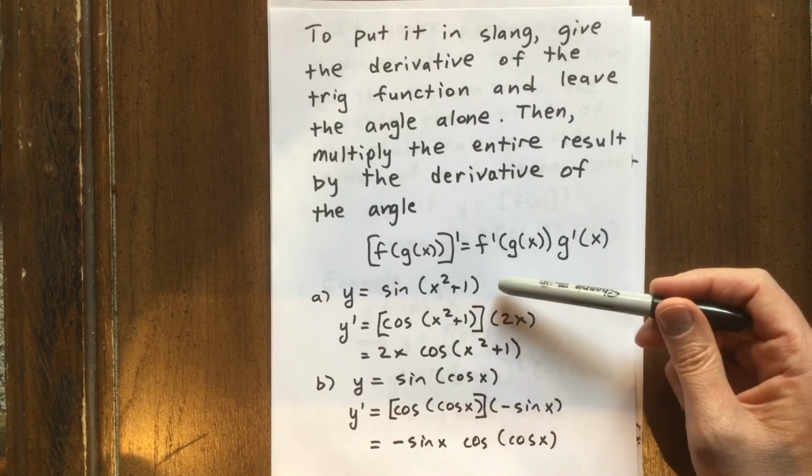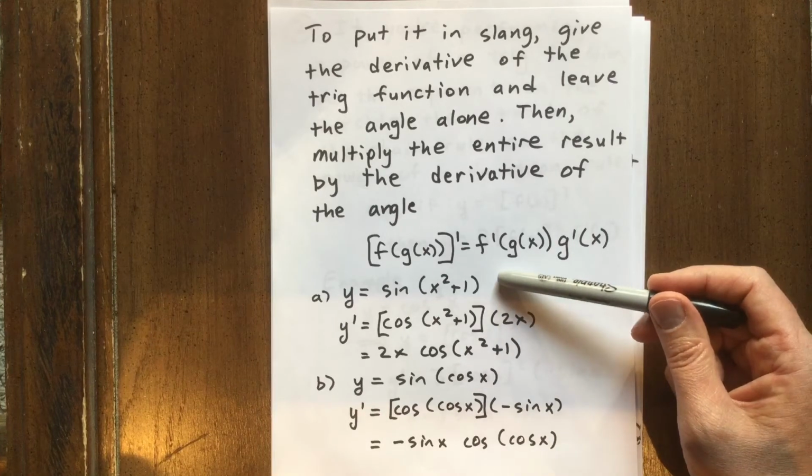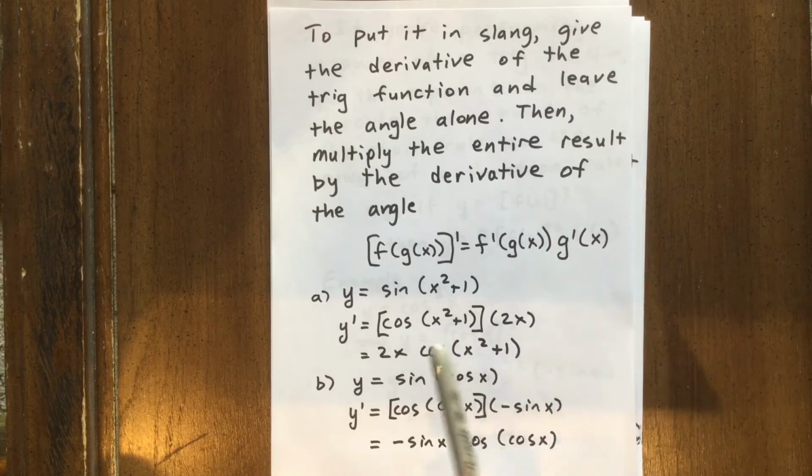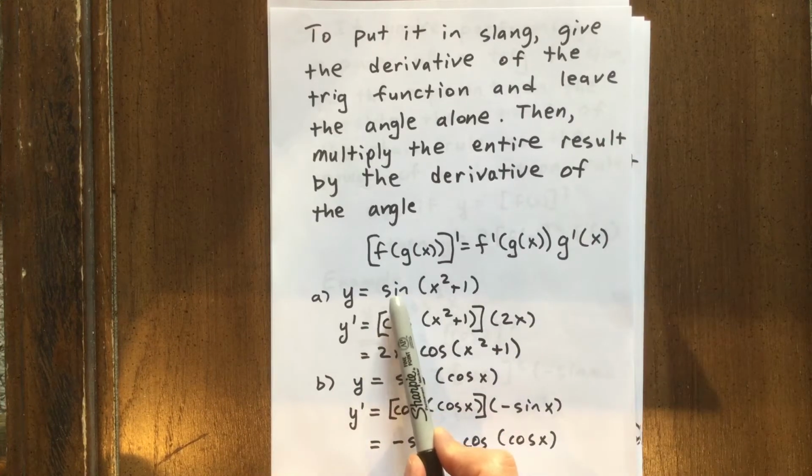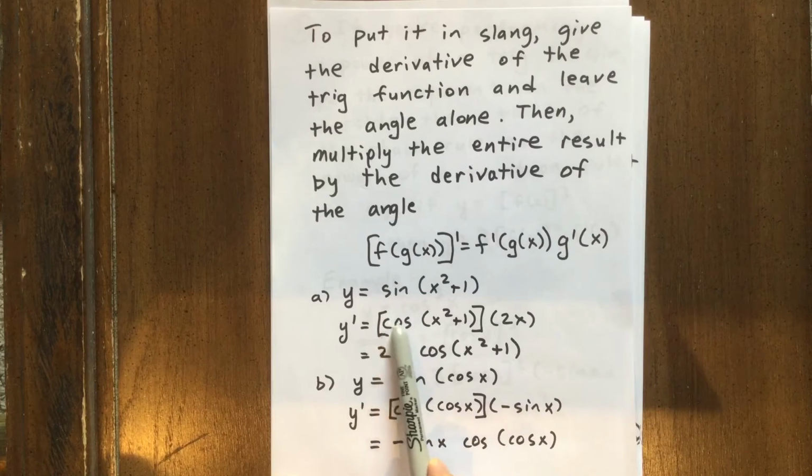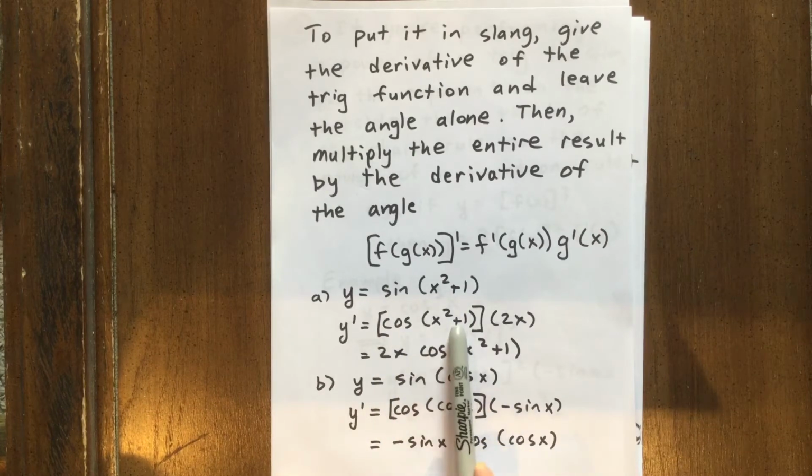So what if we had y equals the sine of x squared plus 1? Well, think of the outer function here as being sine. So we know the derivative of that is cos. So we do the cos of the angle. We just leave it alone. And then we multiply the entire result by the derivative of that angle, which is 2x.